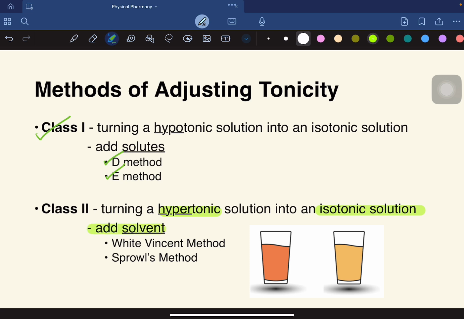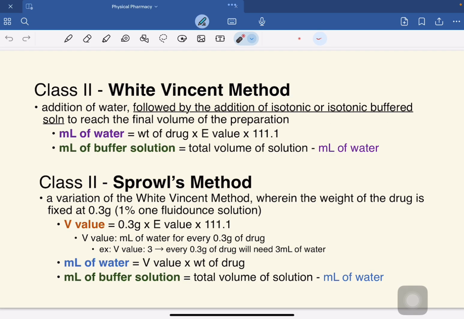solvents. So your class 2 methods again have two types, your White-Vincent method, and your Sprouse method. So in the White-Vincent method, there will be the addition of water, followed by the addition of isotonic buffered solution to reach the final volume of the preparation, meaning may dalawang answers to the problem, the volume of water and the volume of the buffer solution.